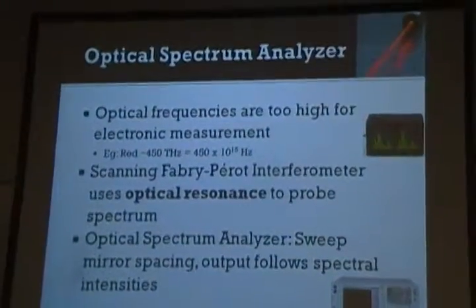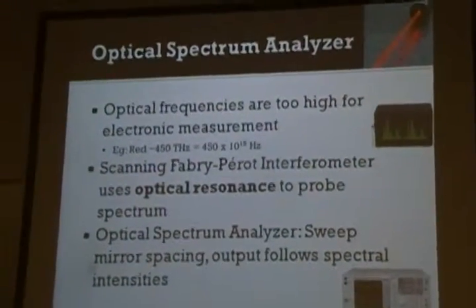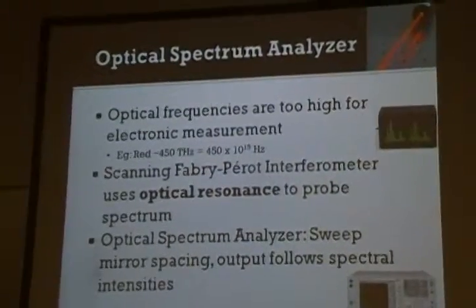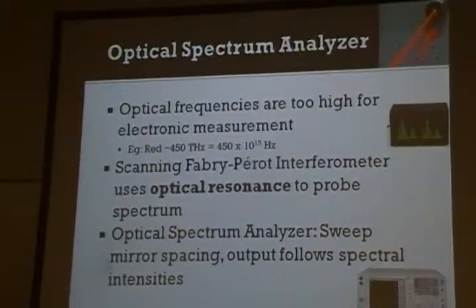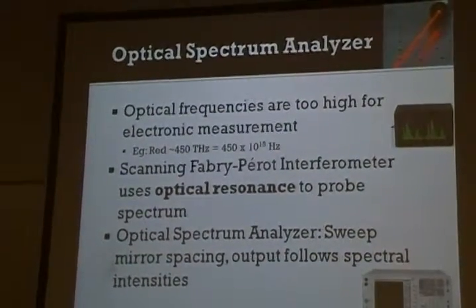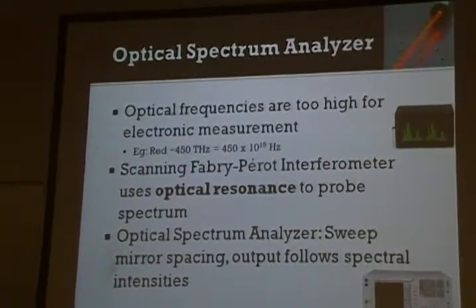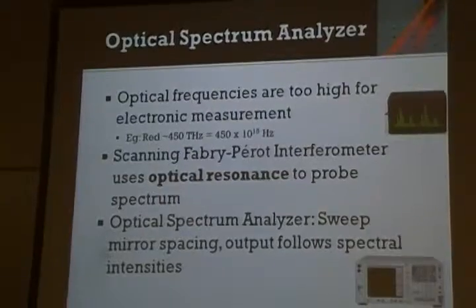So what is an optical spectrum analyzer? Well, an optical spectrum analyzer looks at the spectrum of optics. Optical frequencies are way too high for electronic measurement. This one's green, but red laser is around 450 terahertz, very high frequencies. Oh, there it is. There's my red laser. Yeah, 450 terahertz. Can't put a wire on it and measure it.